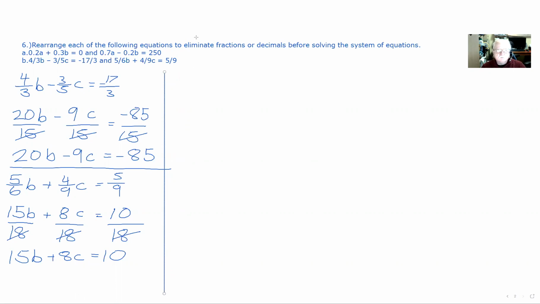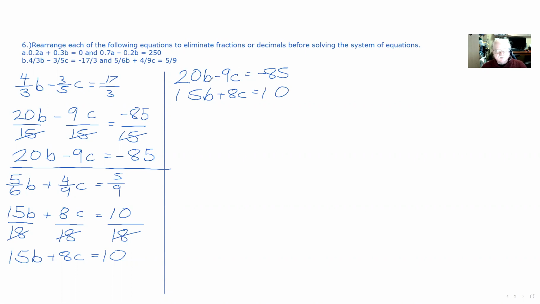So we've now got two equations. 20b take away 9c equals negative 85, and 15b plus 8c equals 10.